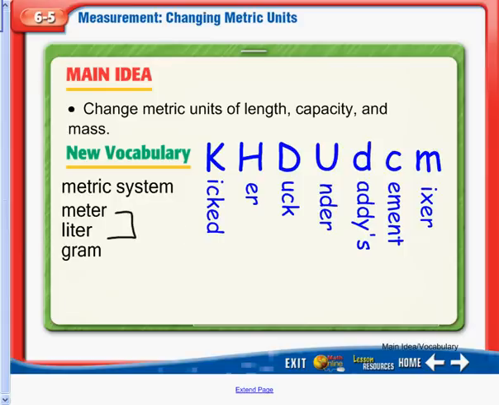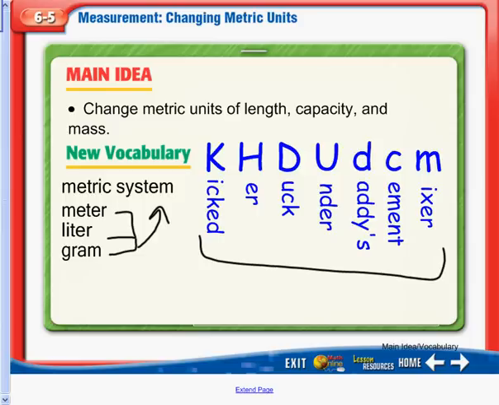So these are all a part of the metric system of meter, liter, and gram. And you'll notice we have a nice mix here of "Kicked her duck under daddy's cement mixer." Now this is a phrase to help memorize the metric system, which has a nice quality that our customary system does not have.